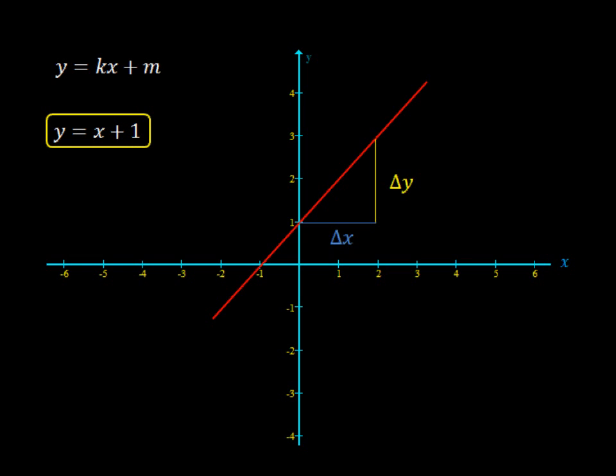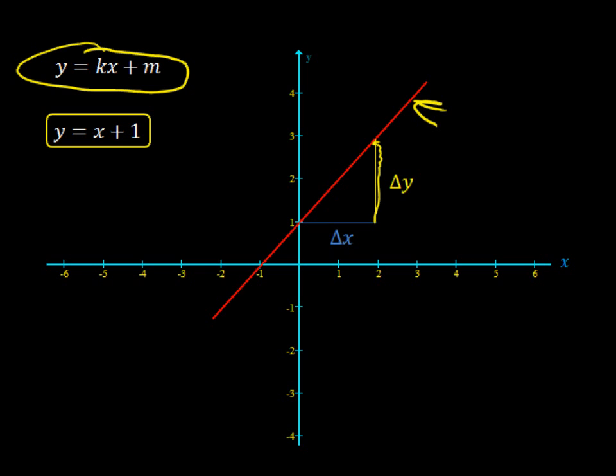and there it is. Okay, so what did we do? We started with the general formula, because that's the standard form we need for the equation of a line. We looked at our line, this red thing here, and we said, okay, how do we determine the k value by looking at the graph? We needed the delta y.